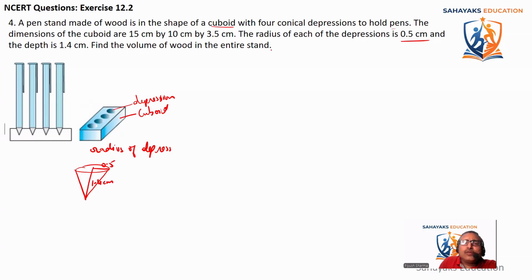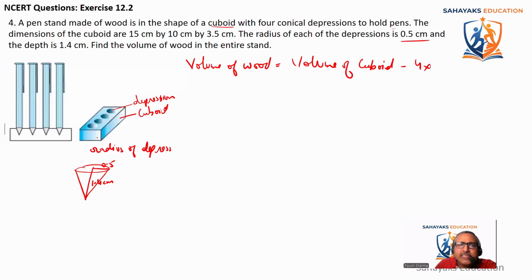Find the volume of the wood in the entire set. What is the volume of the wood required? Volume of wood is equal to the volume of the entire cuboid minus 4 times the volume of the cone depressions, because there are 4 conical depressions in it.